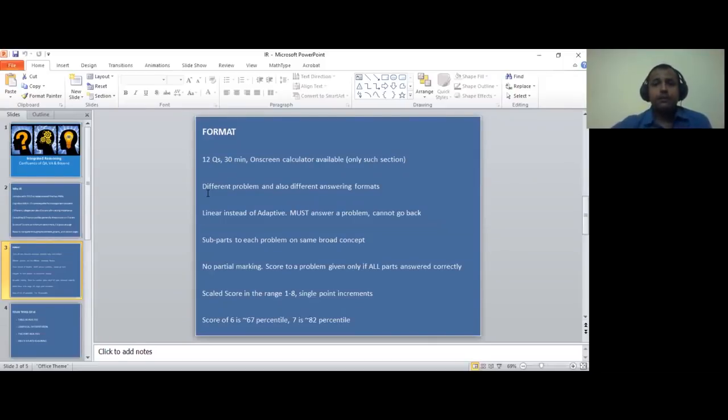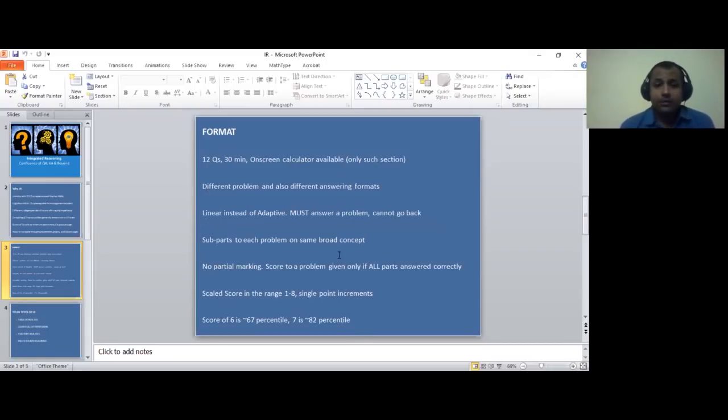The problems will be placed in a random order, not in order of difficulty. So you cannot strategize to leave a problem and go back, just like the other sections.